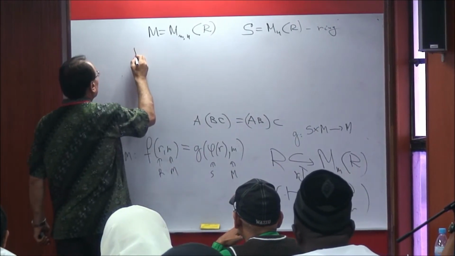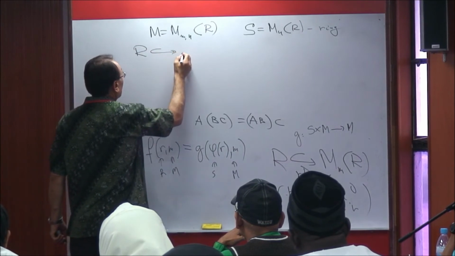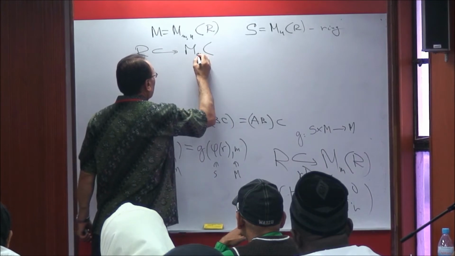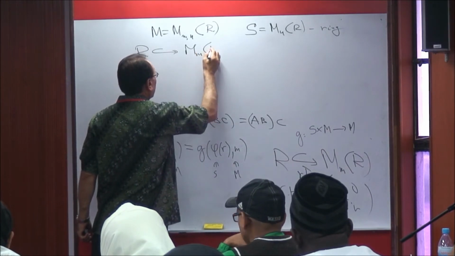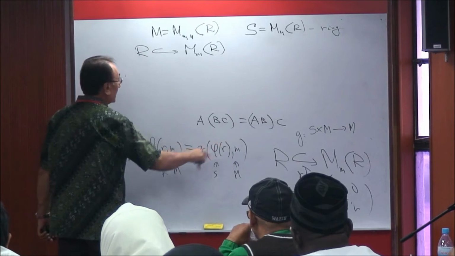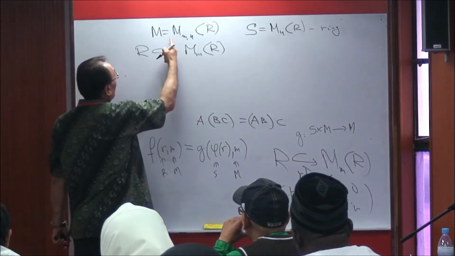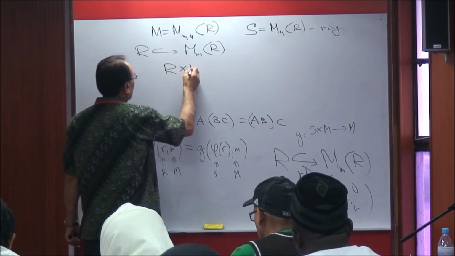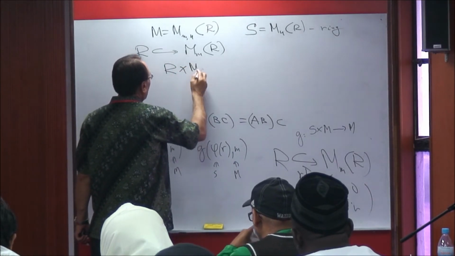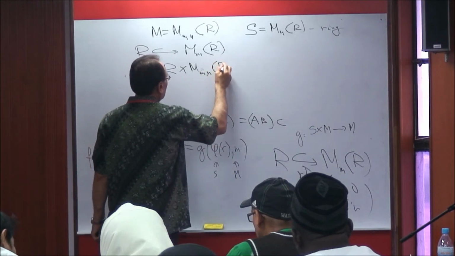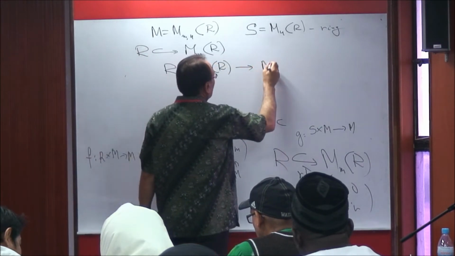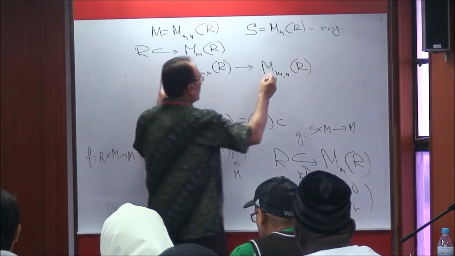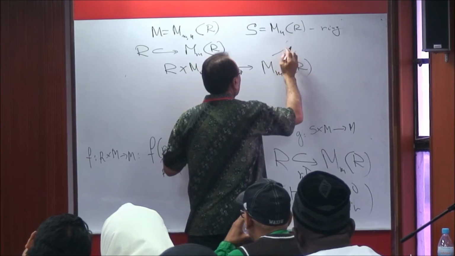What you do is, you first include R into M by M matrices, then multiply from that side. So R cross M by N goes to M by N. So this is the left R module.